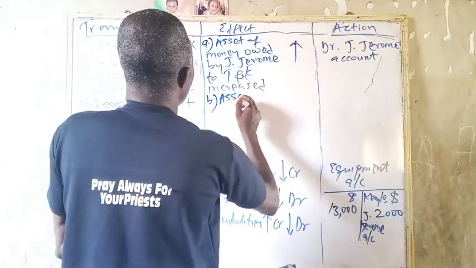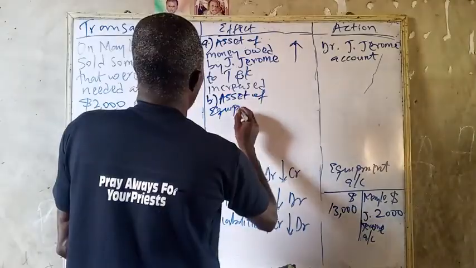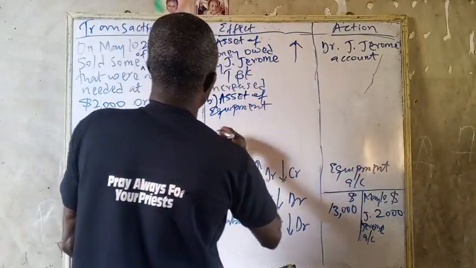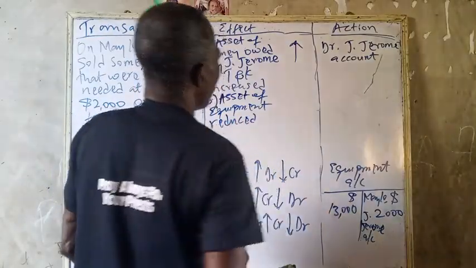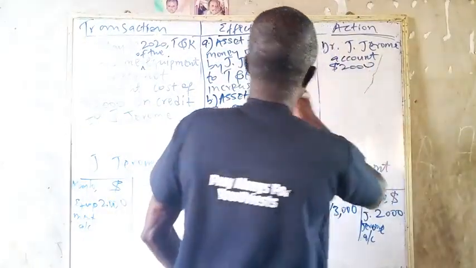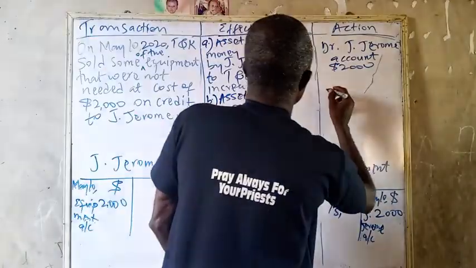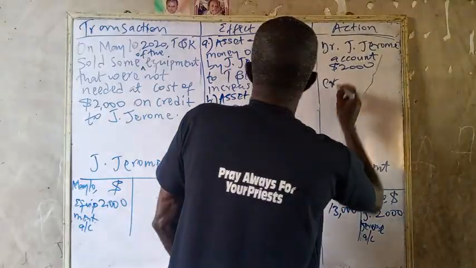Asset of equipment reduced. This is $2,000. When asset reduce, what do you do? You credit what?